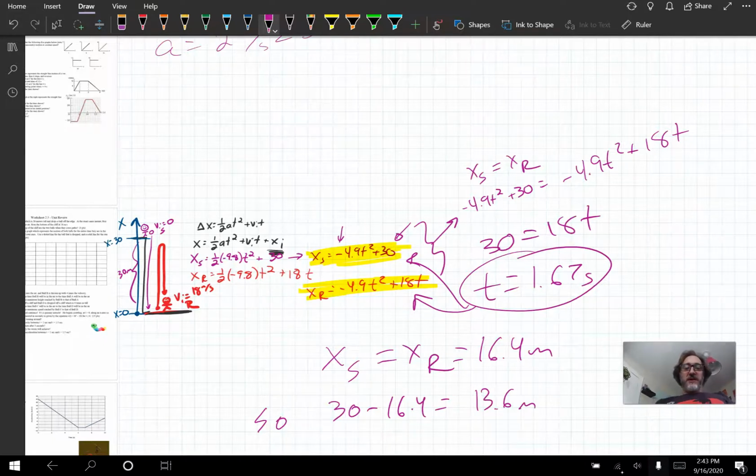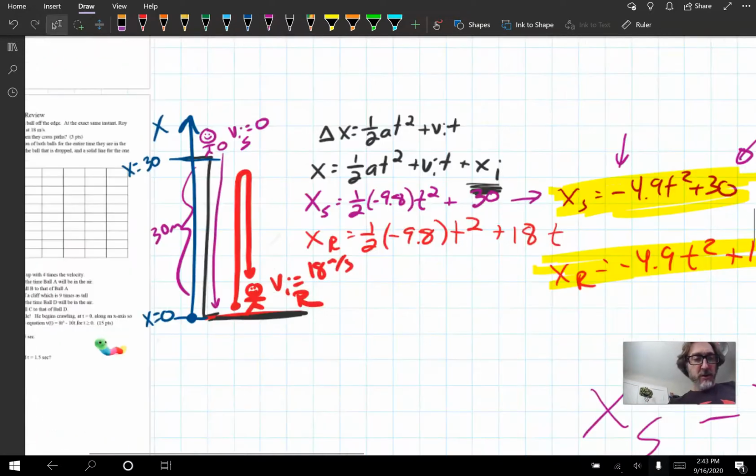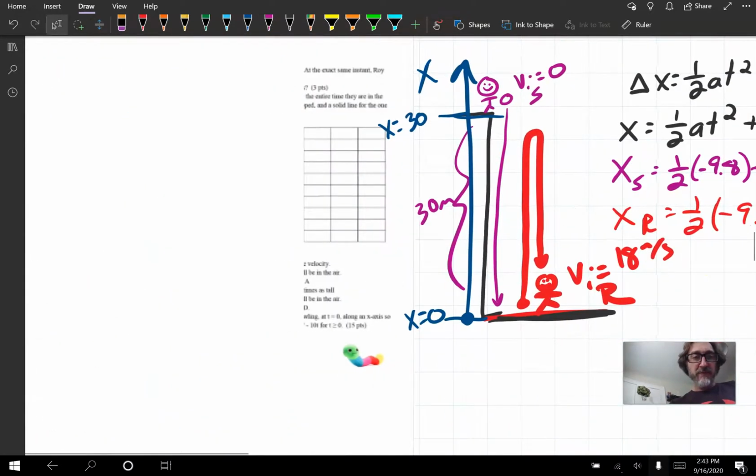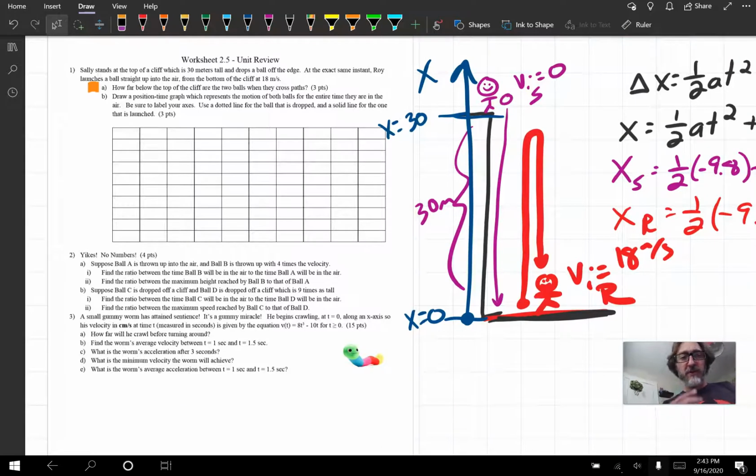All right, so now we got to graph these two things. So how do you graph this? So let's go back over here. Draw a position time graph that represents the motion of both balls for the entire time they're in the air. Be sure to label your axes.